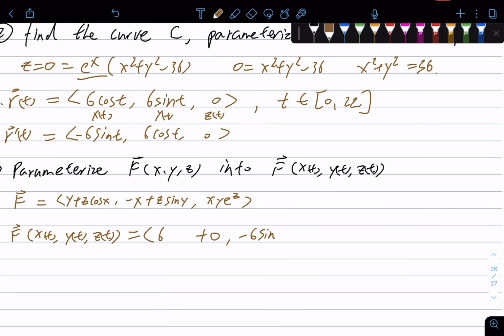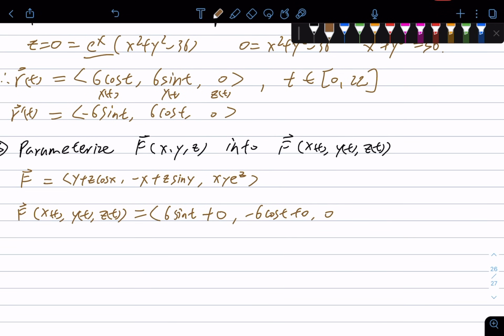So 6 sine of t plus 0, and then minus 6 cosine of t plus 0, and then we're going to have 0. It's just 36 sine of t, and then cosine of t. Okay. X of t times y of t is just 36 times cosine and sine.